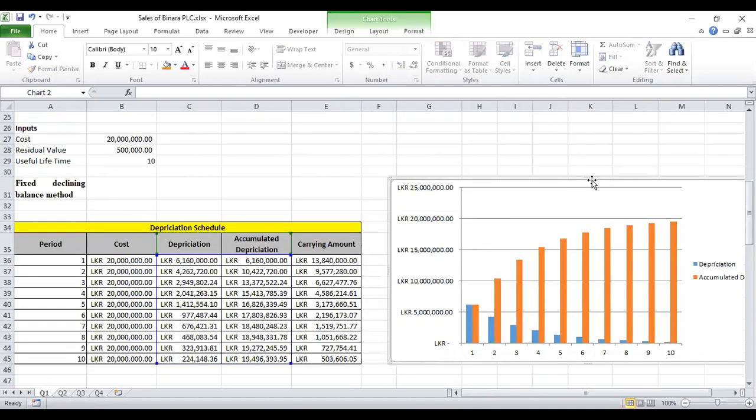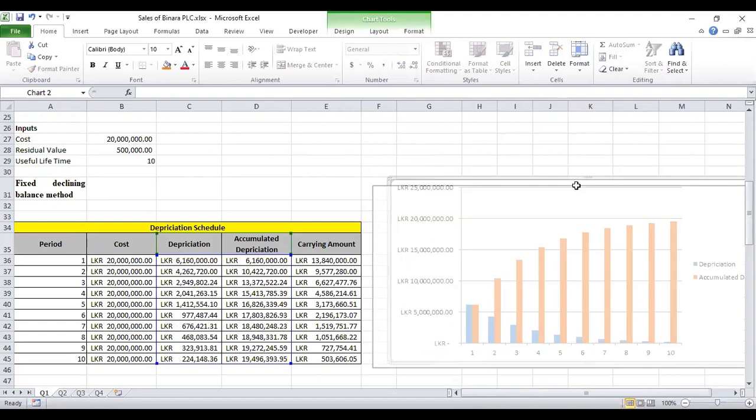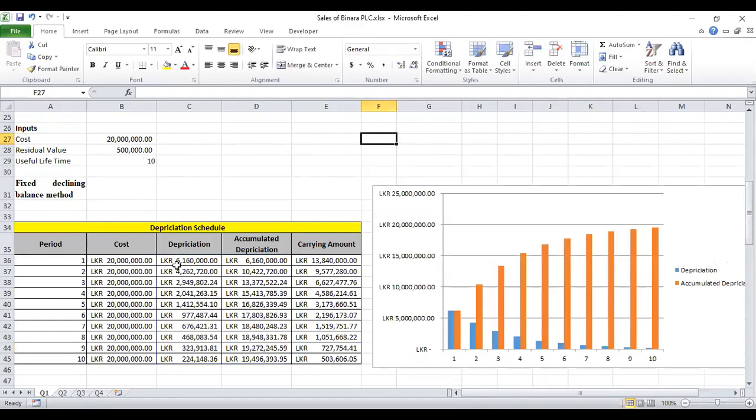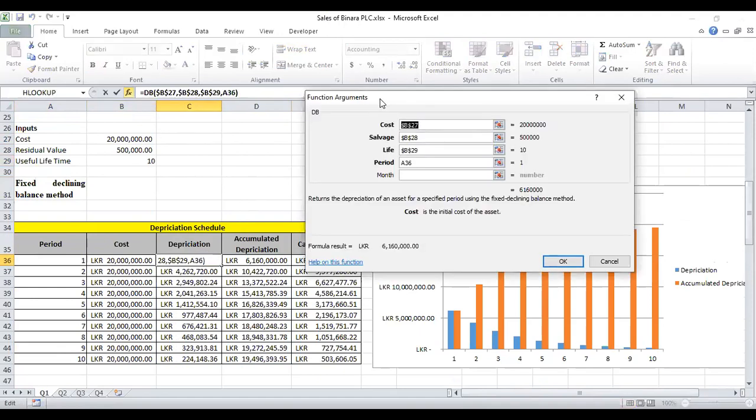So it is about the reducing balance depreciation. So we start with the fixed declining balance method. Fixed declining balance method we may start with, right? So in that, again, you have developed the depreciation schedule, with the cost, depreciation, accumulated depreciation, and the carrying amount.